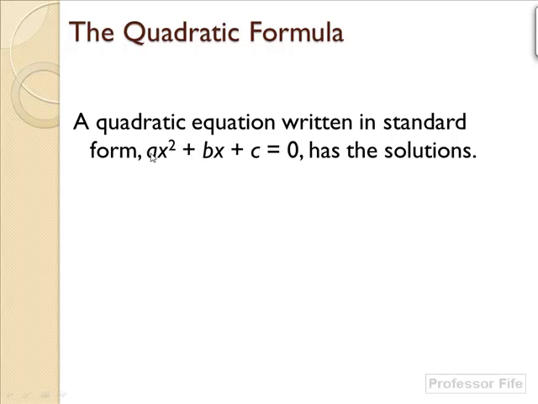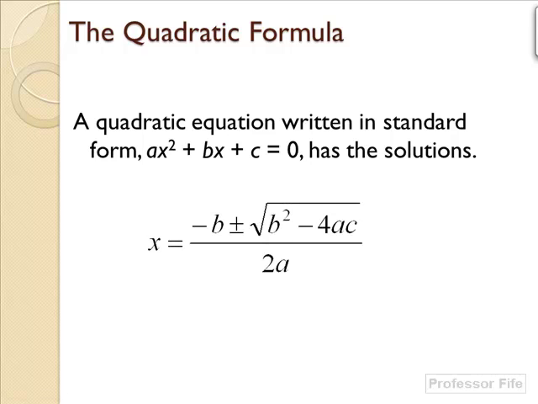First, it says that if you have a quadratic equation, one that has an x squared, and you have it written so that you have your terms in descending order and it's equal to 0, then you can get the solutions by identifying the coefficients of the x squared term, a, of the x term, b, and of the constant term, c, and substituting them into the formula.